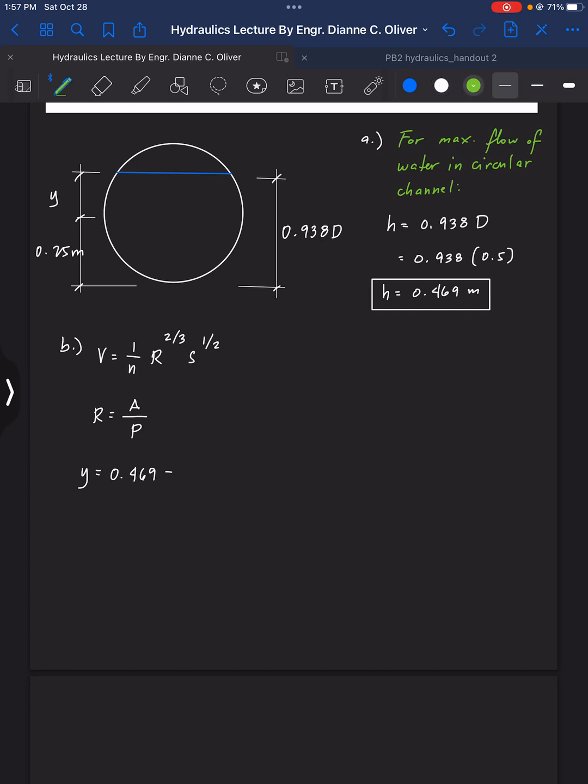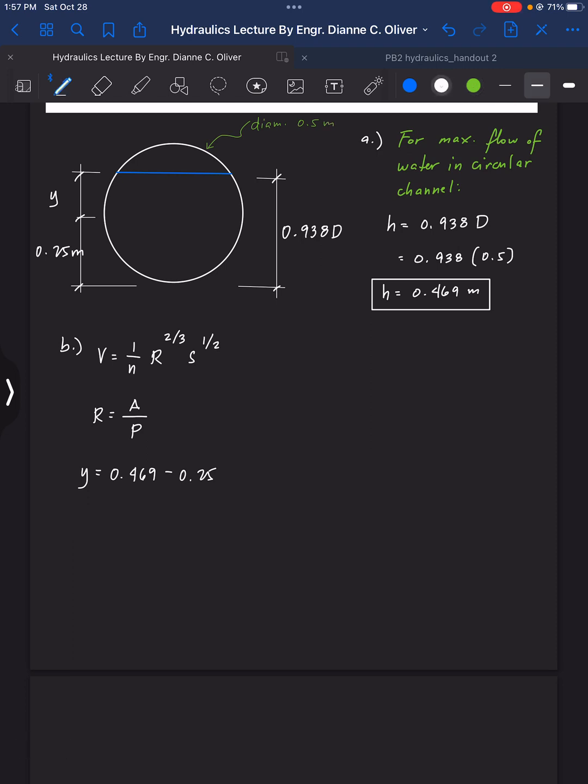This is the radius, minus 0.25, since the diameter is 0.5 meter.